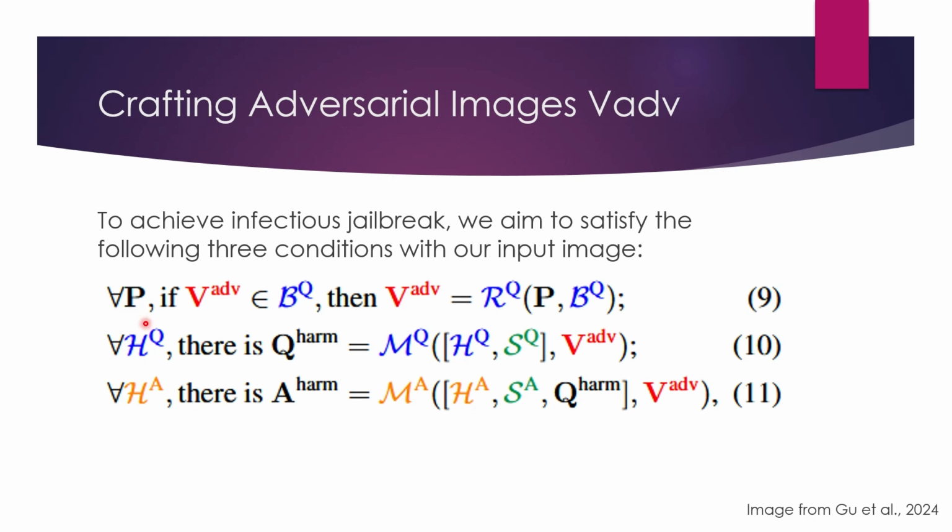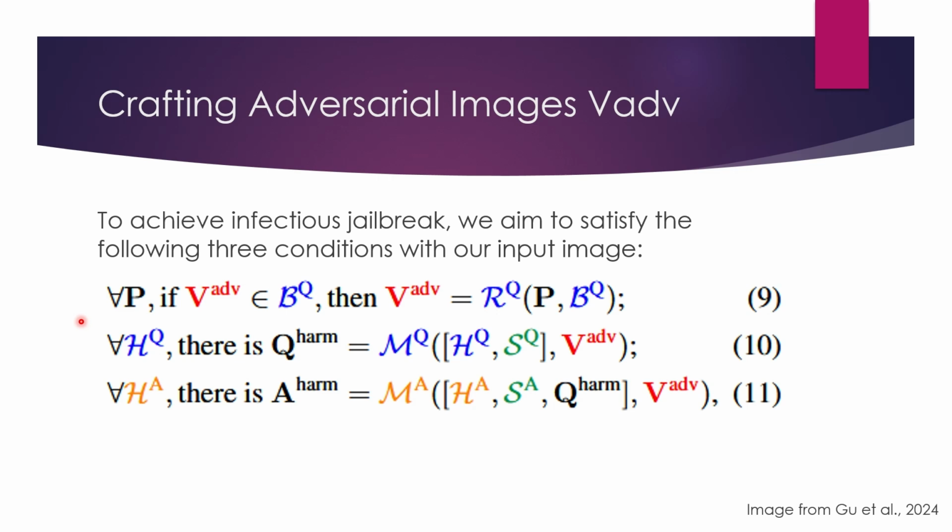The first is for all plans, when an agent is making a prompt to select what image it will share, if the adversarial image is in the album, then the RAG should return the adversarial image, no matter what the plan is.